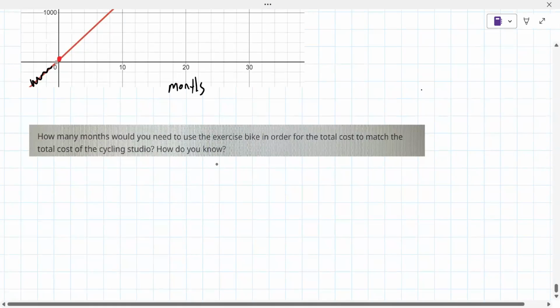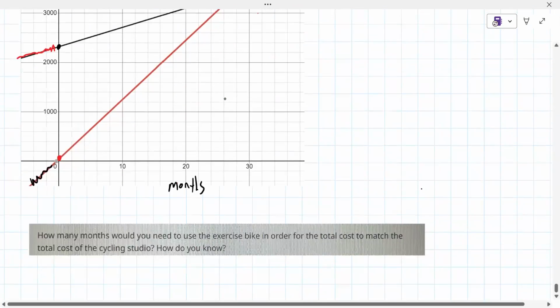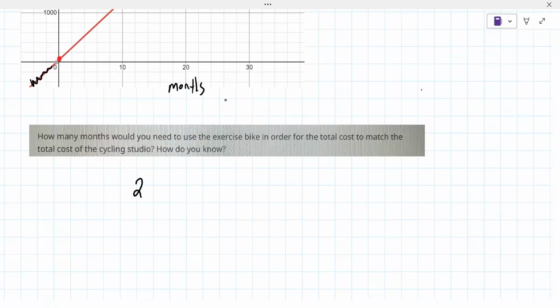How many months would you need to use the exercise bike in order for the total cost to match the total cost of the cycling studio? And it's 28 months. Yeah, 28 months. How do you know?